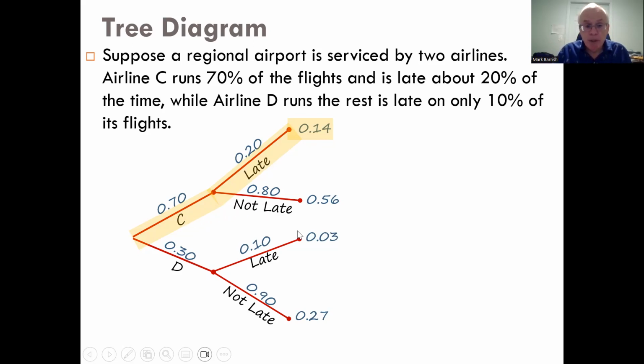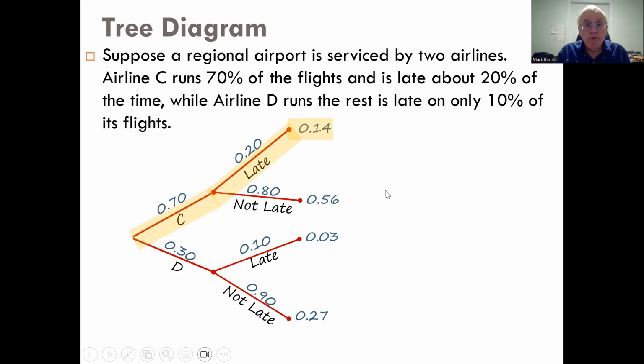And then the same thing down here. These are the branches that deal with airline D. If you multiply 0.3 times 0.1, you get the probability that if you selected a flight at random, the flight would be with airline D and be late. And also, if you multiply 0.3 times 0.9, which is 0.27, that's the joint probability that if you picked a flight at random, it would be both with airline D and not be late.